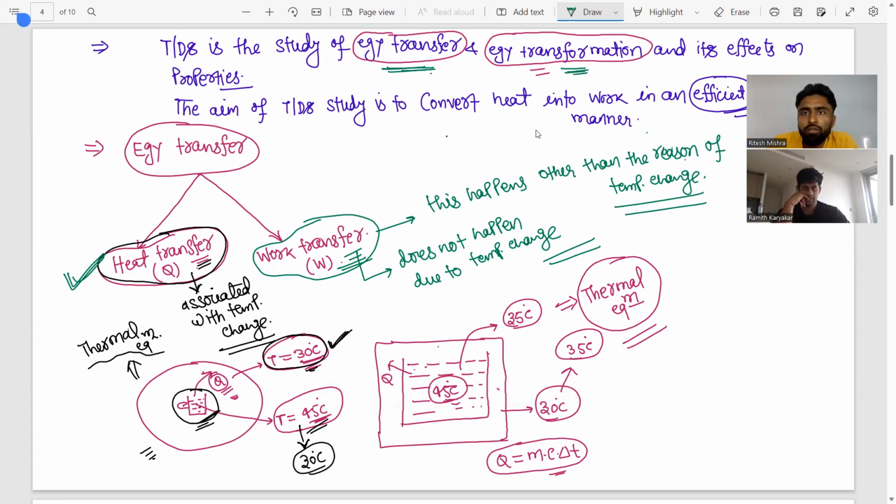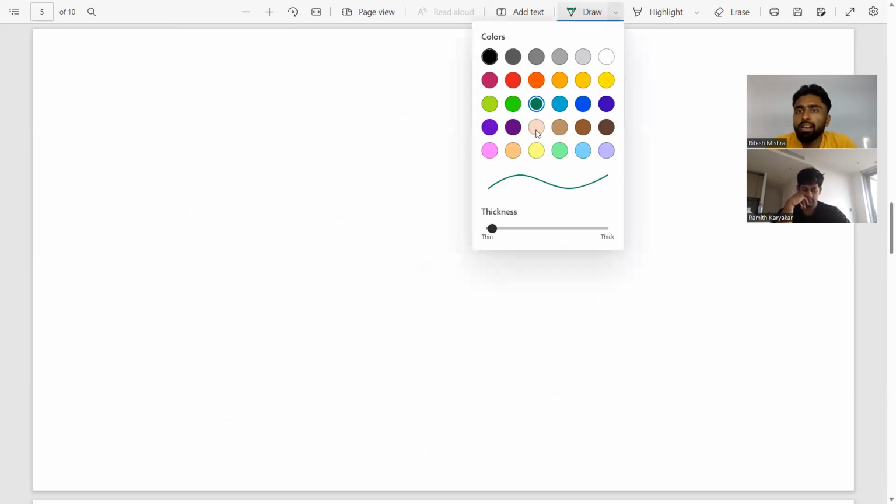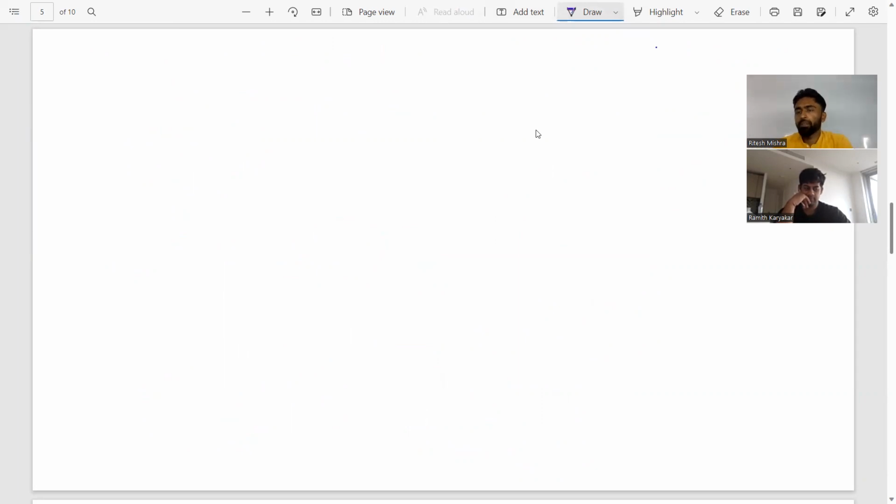What is energy transformation? So let's start. In thermodynamics, we study energy transfer and also energy transformation. As the name suggests, here the energy is transformed from one form to another form.